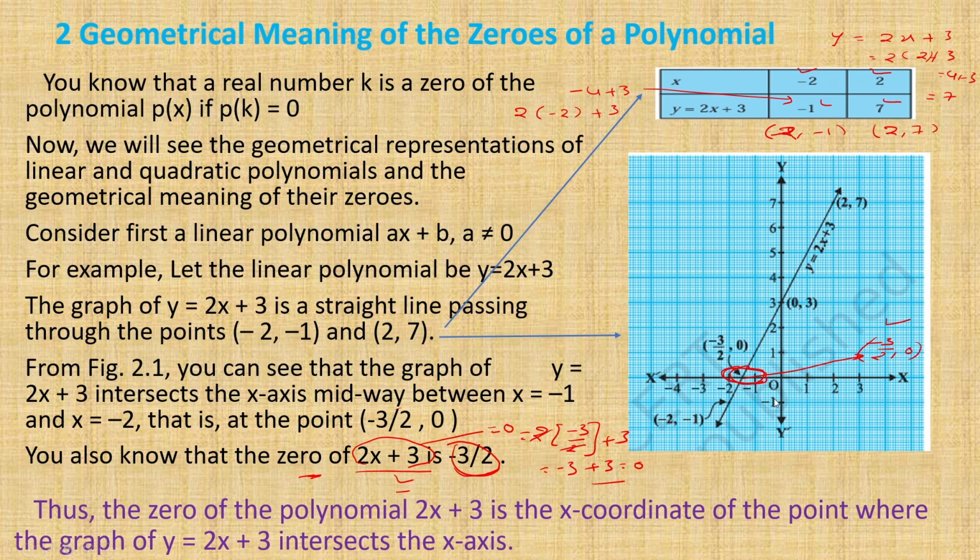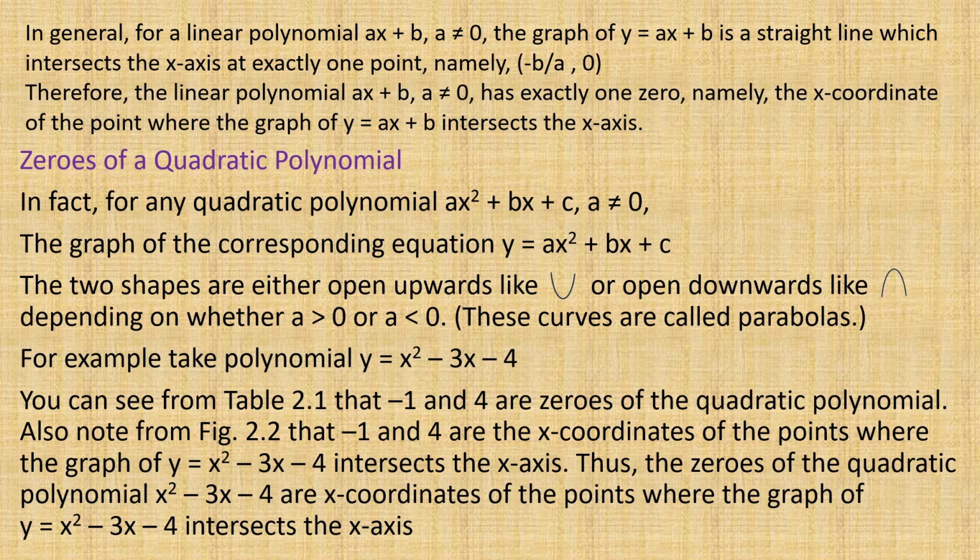Understood, friends? Next we go to quadratic polynomials, that means degree 2 polynomials. But first, in general, for a linear polynomial ax plus b, where a is not equal to 0, the graph of y equals ax plus b is a straight line.